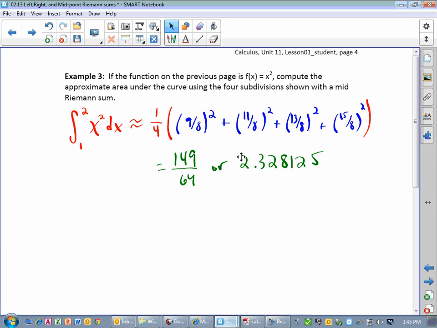Now, how does this value compare with the left and right sums? Look back at the values we got. The left Riemann sum was 1.96875, and then the right Riemann sum. So how does this relate? Is it right in the middle of them? Well, let's check.